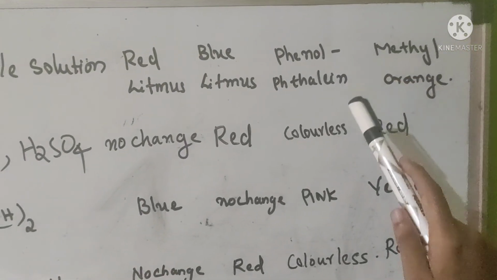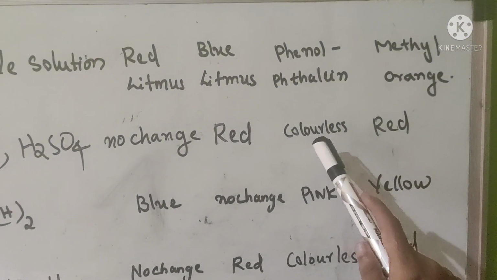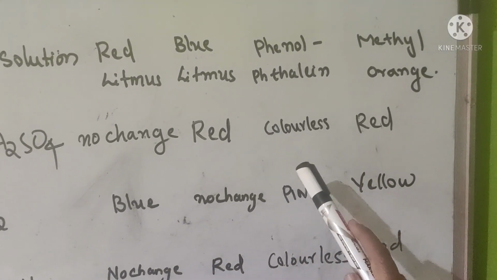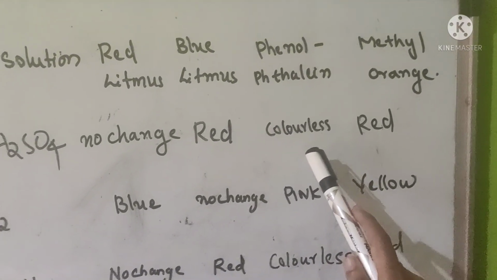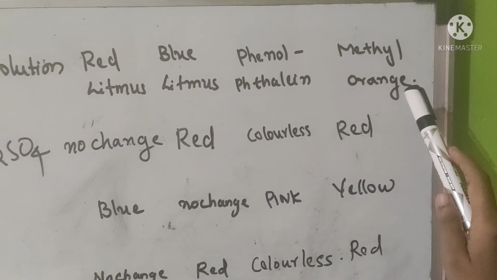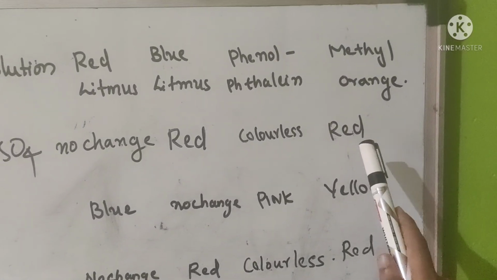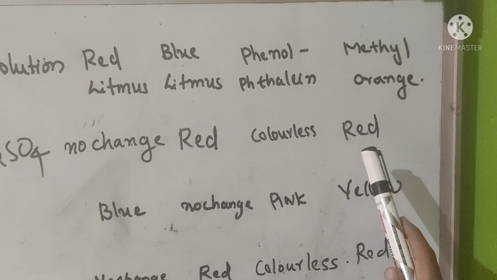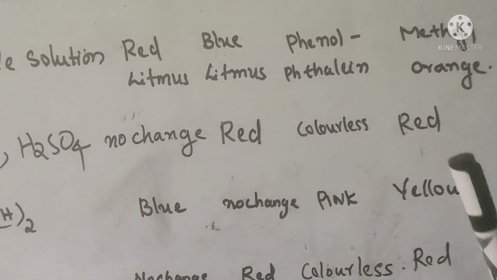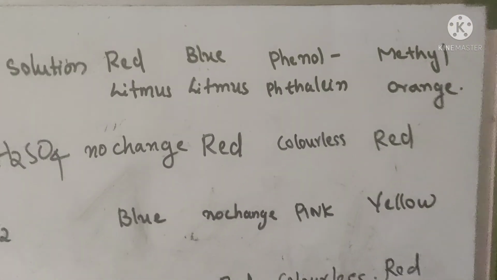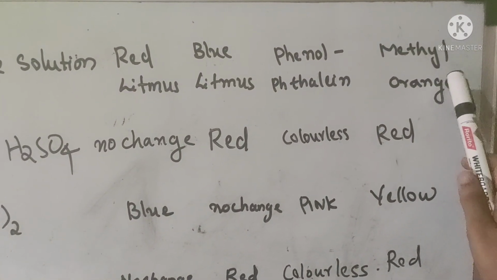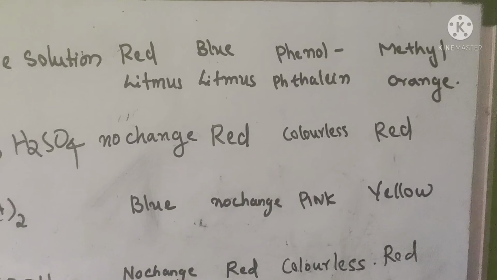If the indicator is phenolphthalein, the color remains colorless because phenolphthalein is colorless in acid solution. If methyl orange is used as indicator, it gives red color in acid solution. The neutral color of methyl orange is orange, and when this is added into an acidic solution, it turns red.